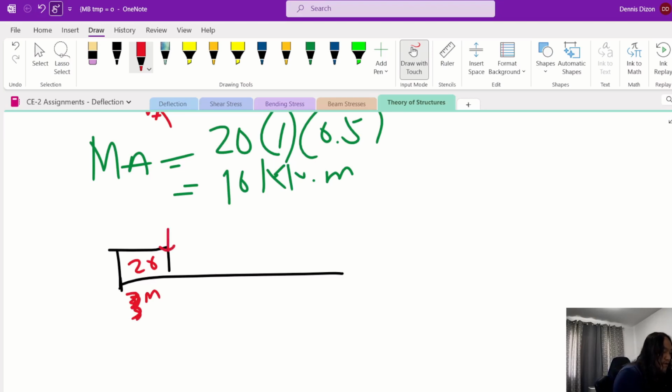And then we have a concentrated load of 30 kilonewton, and this is 7 meters.